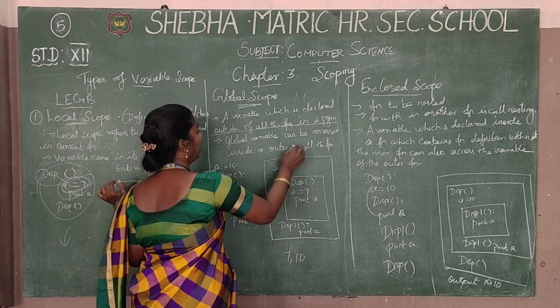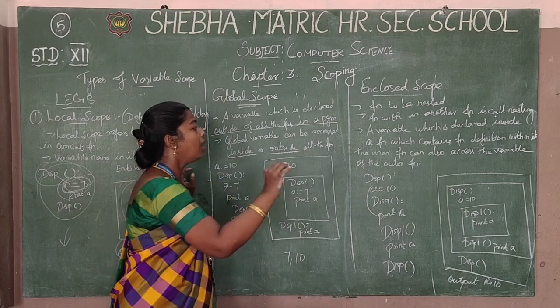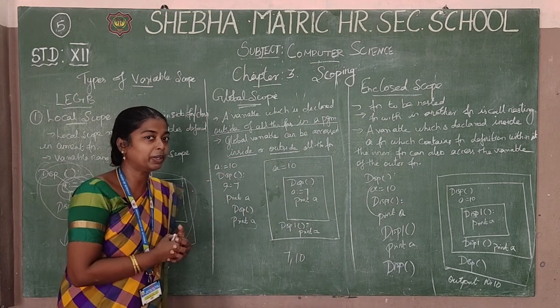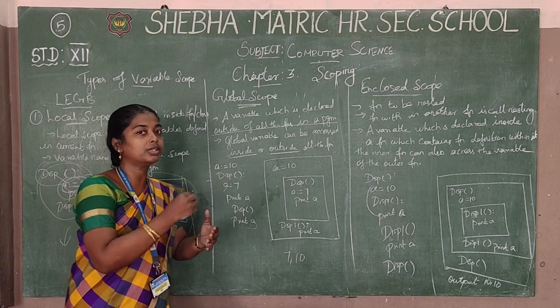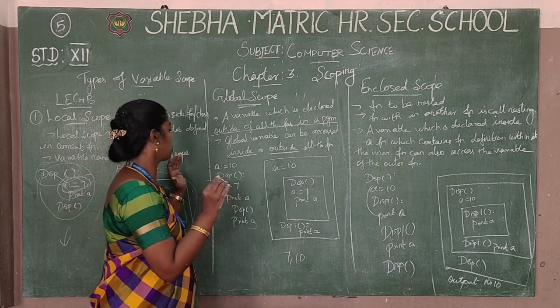A global variable can be accessed inside or outside all functions. Inside, we can use it, and outside, within the program, we can use this variable.